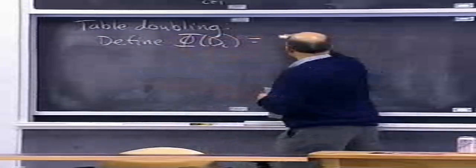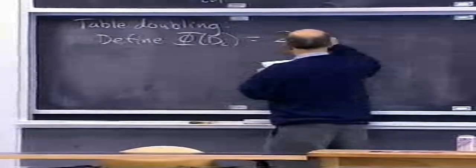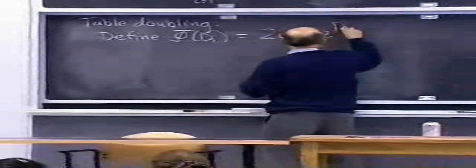Okay? So for table doubling, dynamic tables, we're going to define phi of Di to be 2i minus 2 to the ceiling of log i.